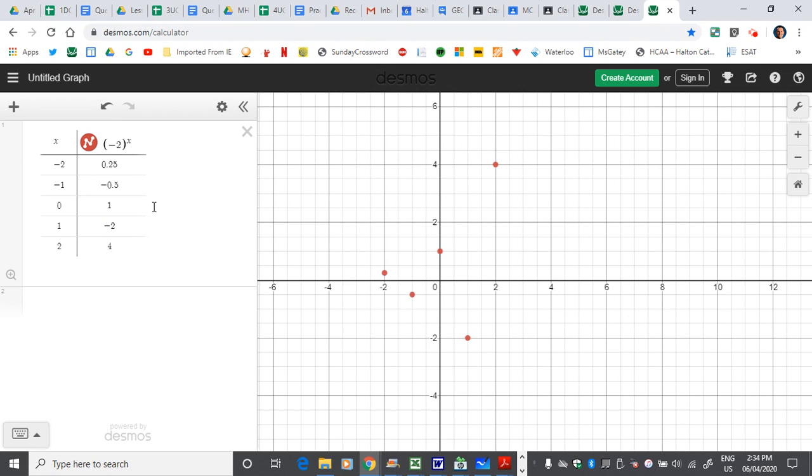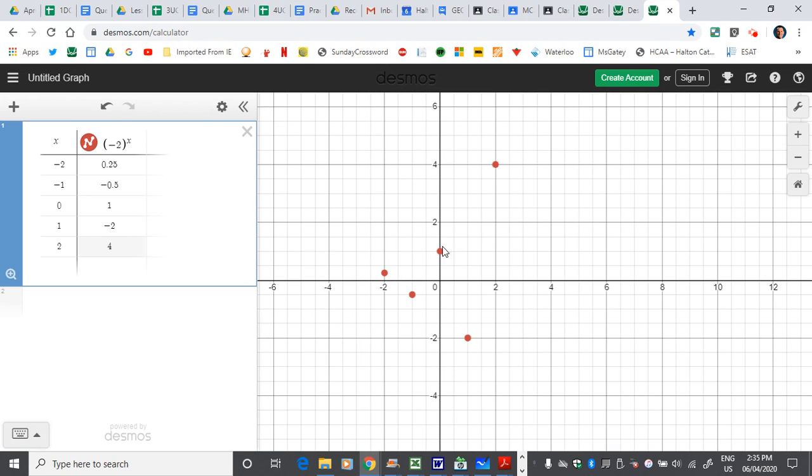Take a look at your table, and you'll notice that when I sub in a 0 for my exponent x, I get a y value of 1. If I sub in a 1, I get a y value of -2. And if I sub in a 2, I get a y value. But then we're getting all these values that seem to alternate from positive to negative.